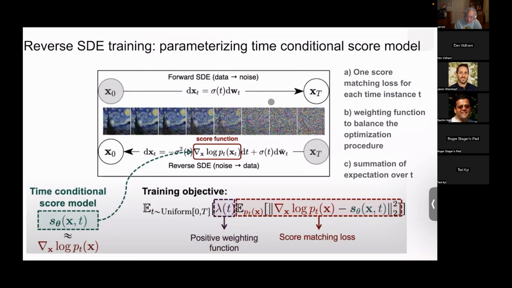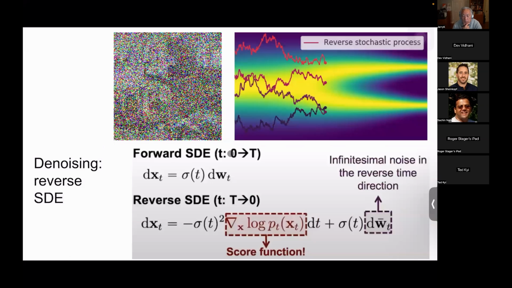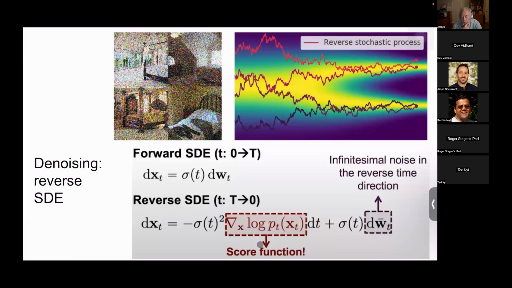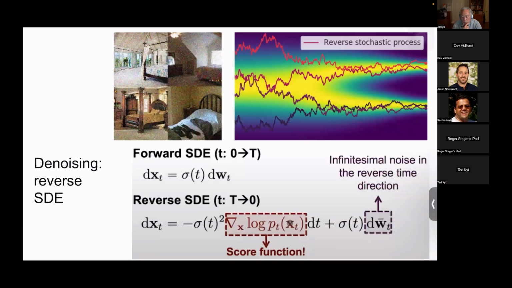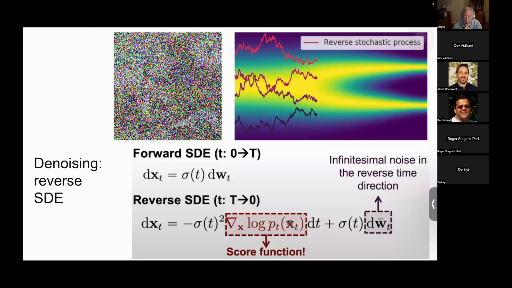So as you are going forward, going backward, you are estimating the score function for every time step, and the equation for solving the reverse SDE, which is the same as from the previous page, is dependent on this factor here, which is the score function, and that is what we had gone into deep in the previous presentations.